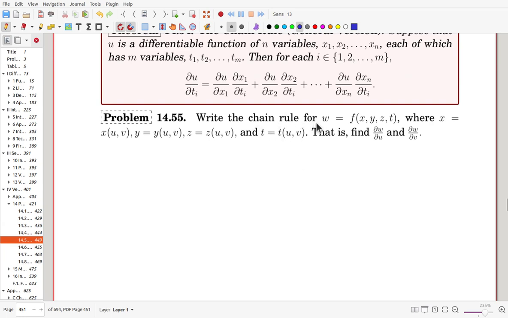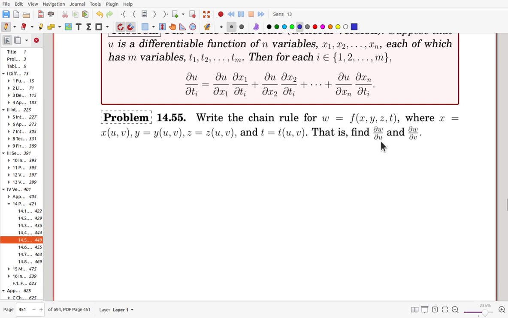Write the chain rule for w as f of x, y, z, and t. x is a function of u and v, and y, z, t are all functions of u and v. And w is a function of x, y, z, t, and assume they are all differentiable.